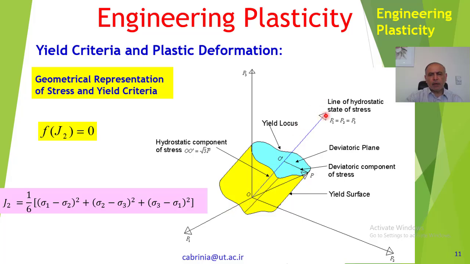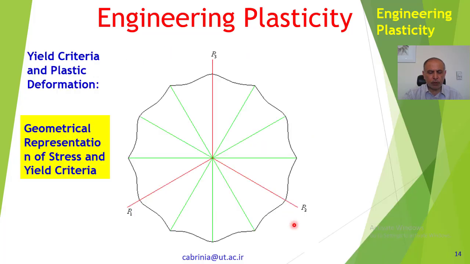Here we have this deviatory plane, and we could have a similar plane at O. If we take a projection of this green deviatory plane along this line, from O' to O, then we get a plane which is called the deviatory plane or pi plane, which is this one.